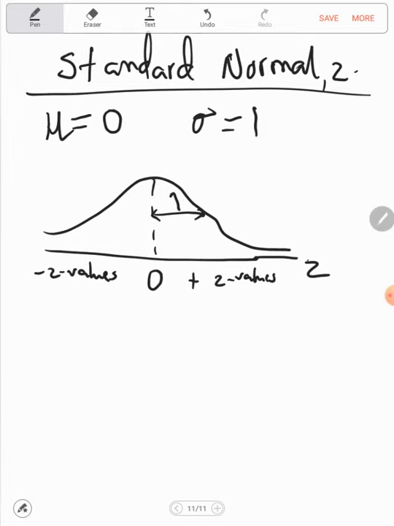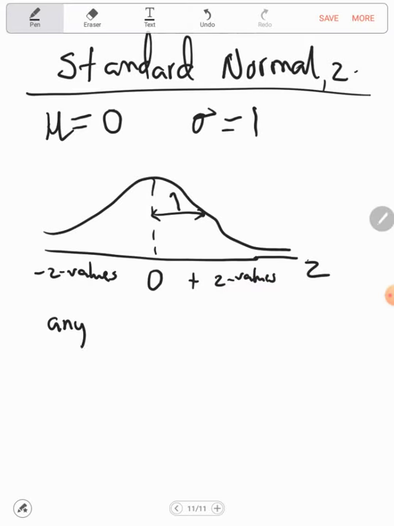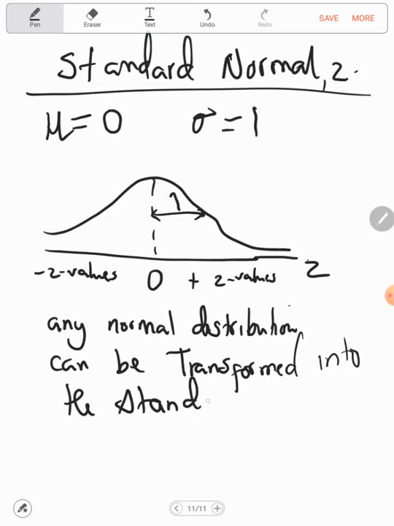So actually, any normal distribution with any mean and any standard deviation can be transformed into the standard normal distribution using the following formula.